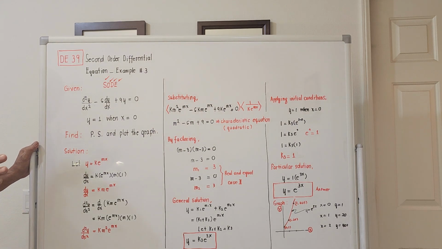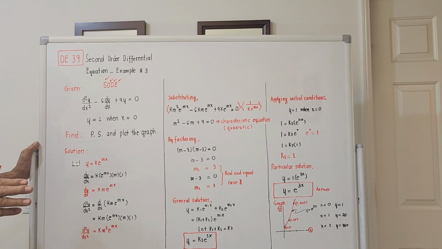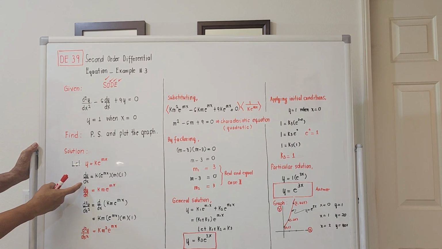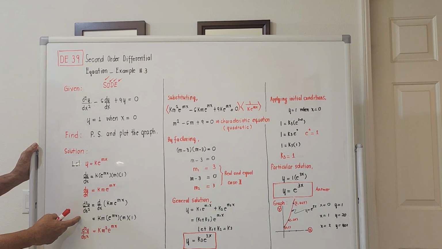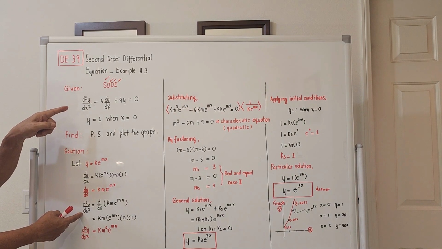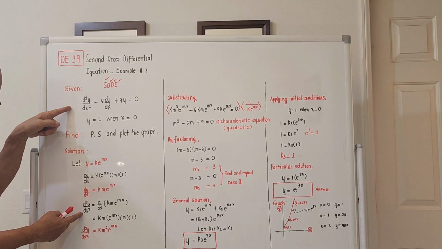Since we need the second order, d square y over dx square, we will take again the derivative of the first derivative. We need this for us to bring back to the original second order differential equation.